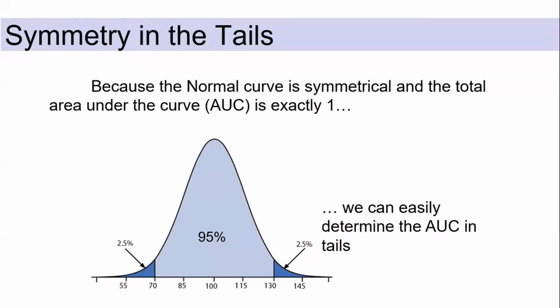That's why 5% divided by 2, you get 2.5% here. This means that 2.5% of the people have scores below 70, whereas the remaining 2.5% have scores higher than 130.